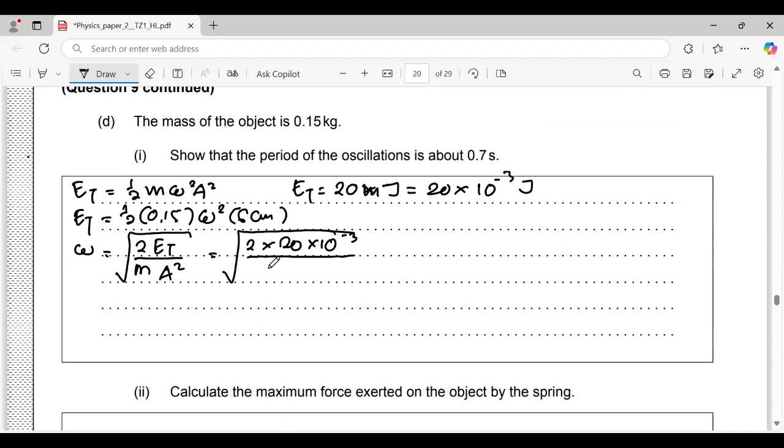Okay, so m is 0.15, and displacement is 0.06. So 6 centimeters becomes 0.06 meters.